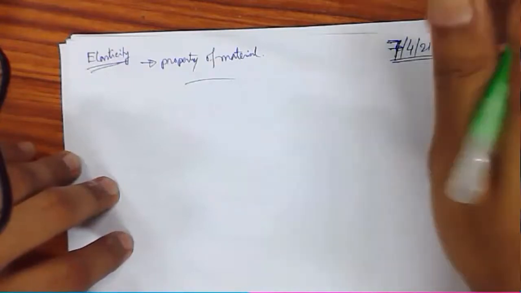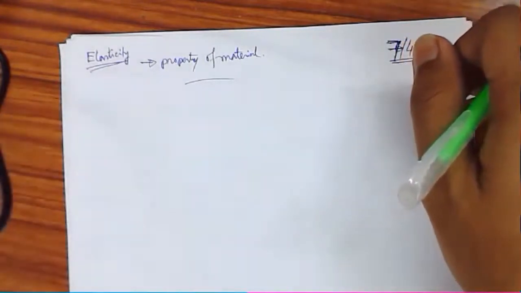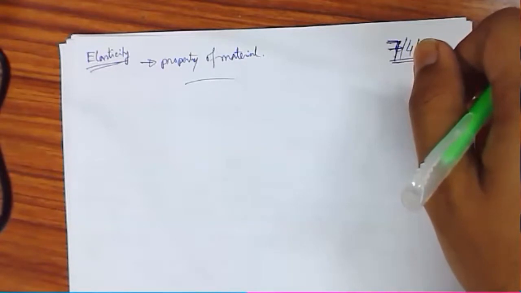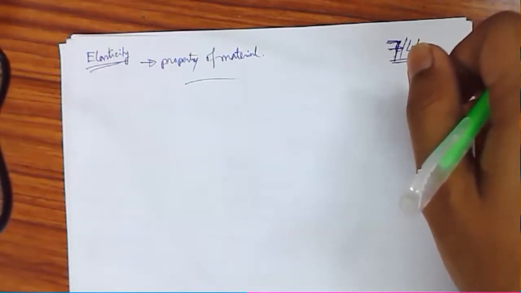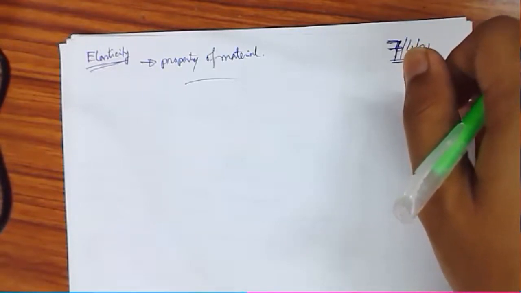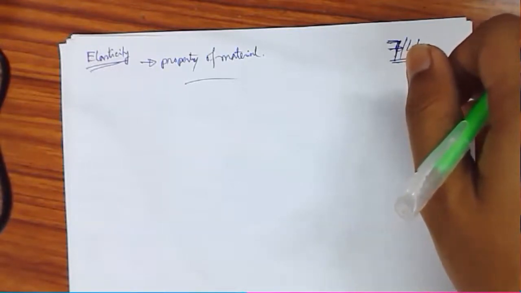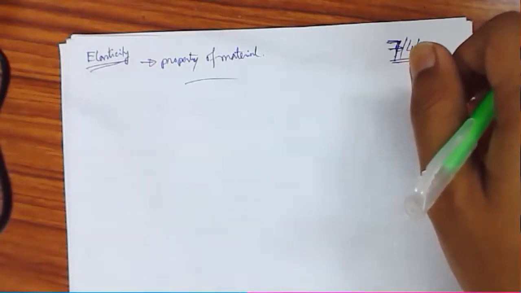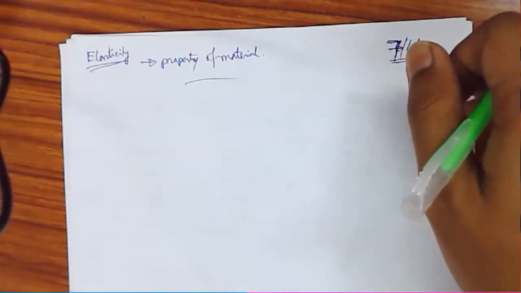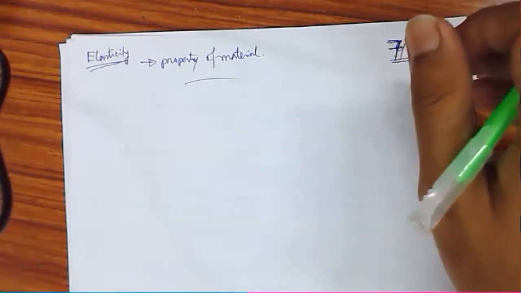The property by which the object can regain its original shape and size is called elasticity, and the material or object having this property will be called an elastic body. Is the definition clear to you?